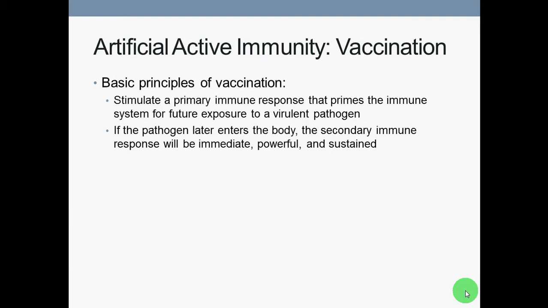So you are exposed to a pathogen, or at least parts of the pathogen, that causes your immune system to start producing antibodies. Then later on, if the actual pathogen enters your body, you already have antibodies able to be produced to that pathogen. So the secondary immune response that comes along will be immediate, powerful, and sustained.